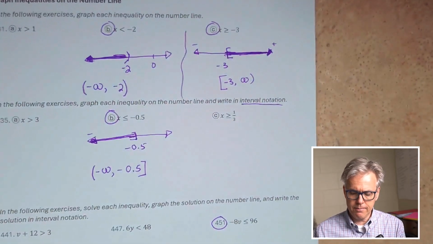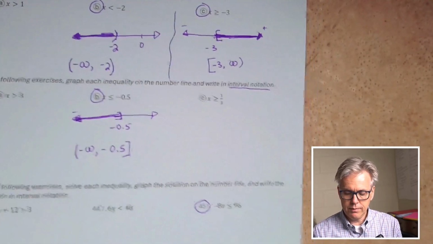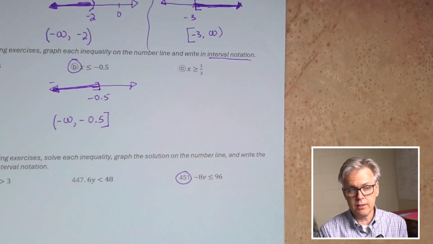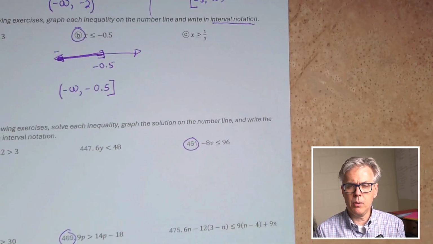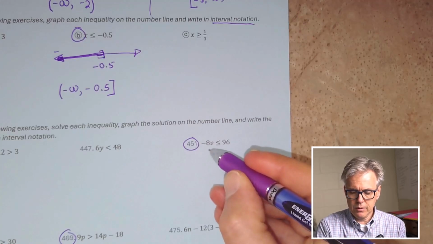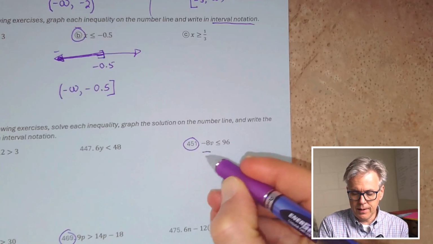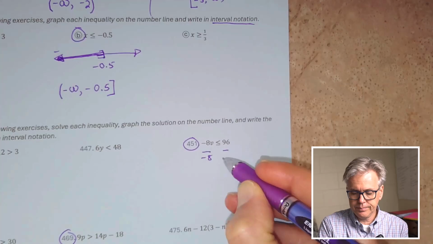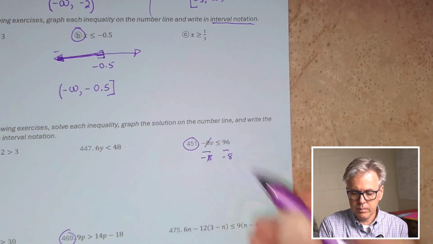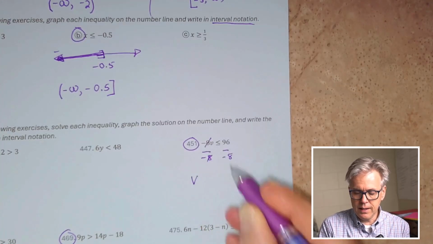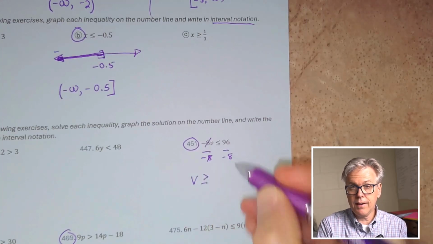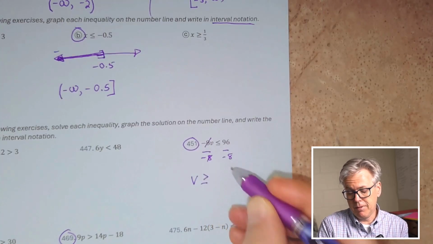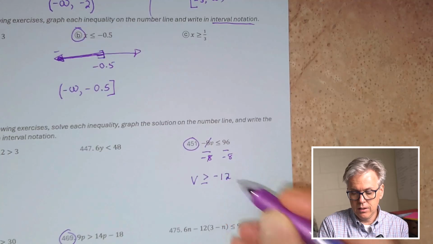Now with 451, we've got a few of these. Here we're solving, just like we did with equations, except if we divide by a negative, we know we have to flip that inequality sign. So here, I've got to get rid of that -8, so I'm dividing both sides by -8. And when I do that, I'm going to get v, and because I divided by a negative, greater than or equal to 96 divided by -8, which is -12.